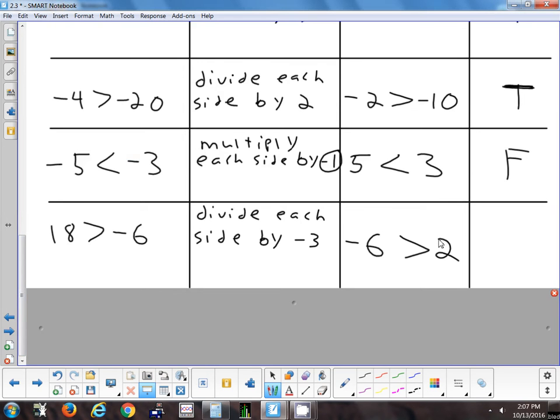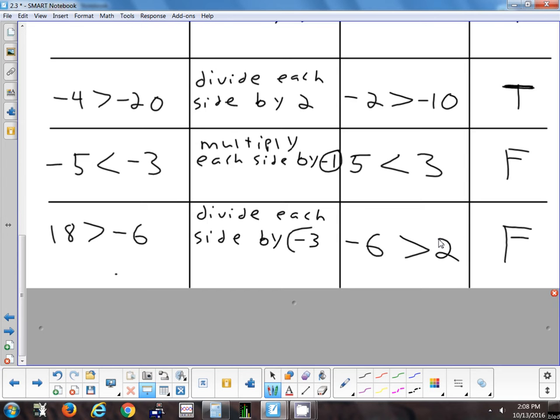So I divided each side by negative 3, and I checked it on the calculator, so I know I did it correctly. Is this inequality true or false? That's false. A negative number is not greater than a positive. Negative 6 is not bigger than 2. So something went wrong again. Does anybody know what it had to do with? Yep. Dividing instead of multiplying. Dividing by what?